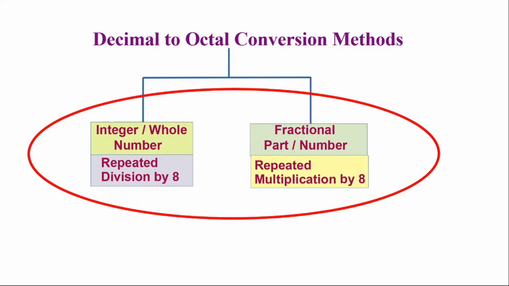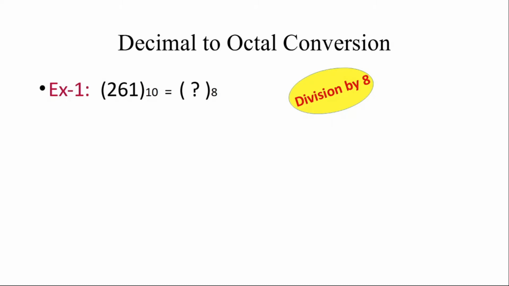Now let us discuss with examples. The example 1. Here we have to convert the decimal number 261 into octal. Since it is an integer, we have to perform the division operation by 8.